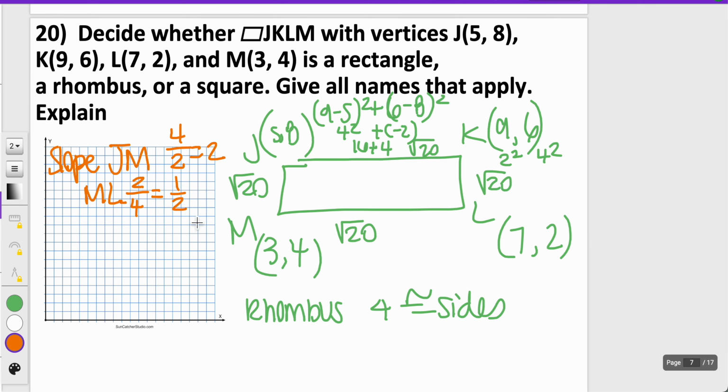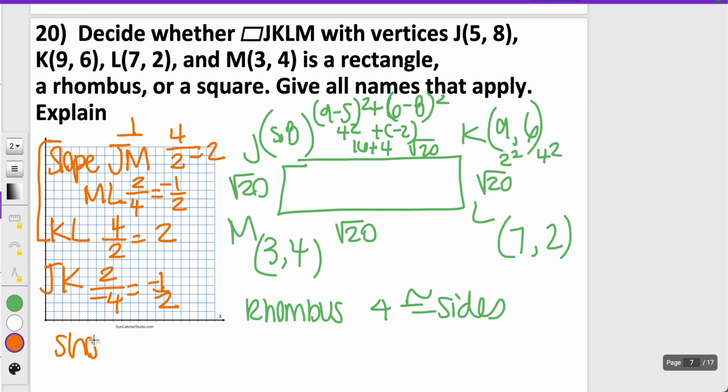But it would be a negative 1/2 because you would do 3 minus 7. So right now it's showing me perpendicular for JM and ML. KL slope, 6 minus 2 is 4, 9 minus 7 is 2. So that slope is 2, so they're parallel with JM. And then JK slope, 8 minus 6 is 2, 5 minus 9 is negative 4. I'm still getting that negative 1/2, okay?